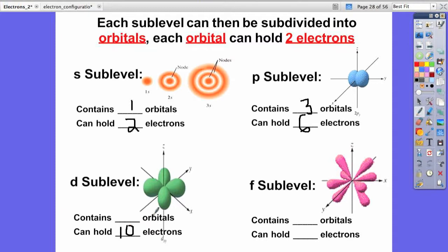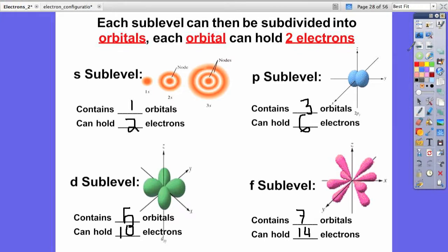If each orbital can hold a maximum of 2, then it has 5 orbitals. And then the F sublevel can hold a maximum of 14 electrons, so it must have 7 orbitals. 2 electrons per each orbital, that's a maximum of 14 electrons, and it looks like this.